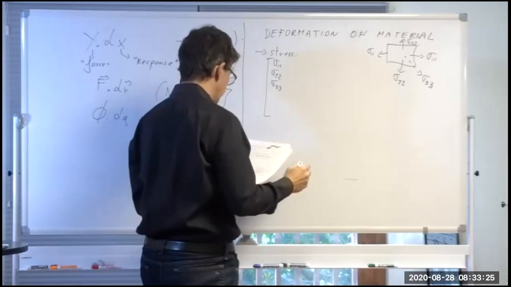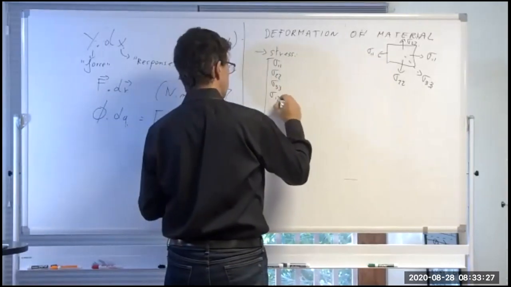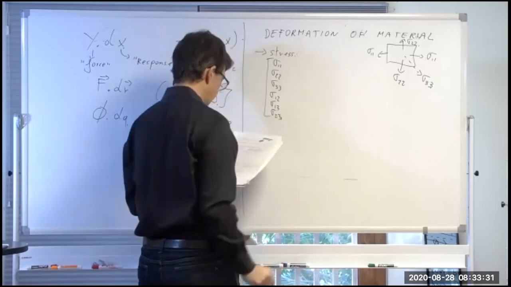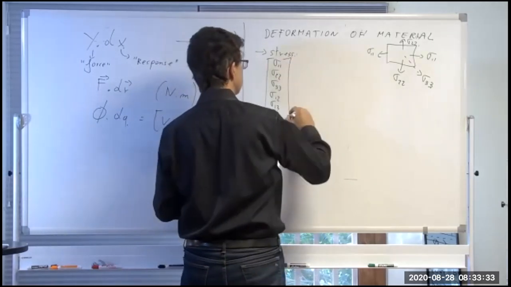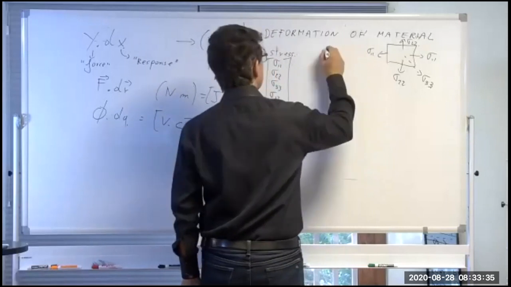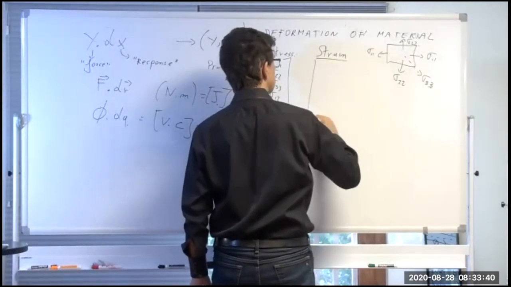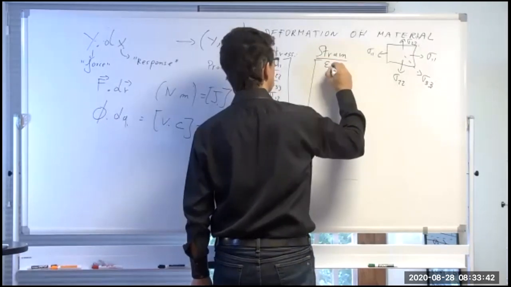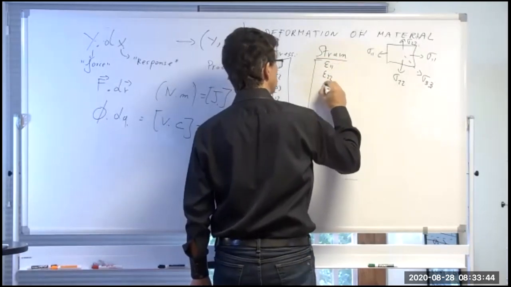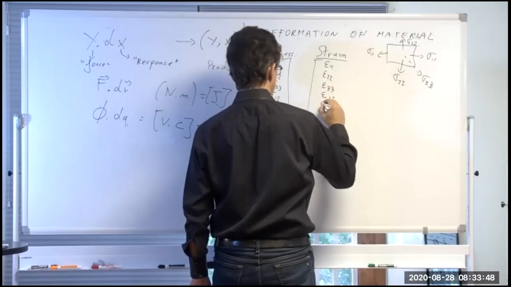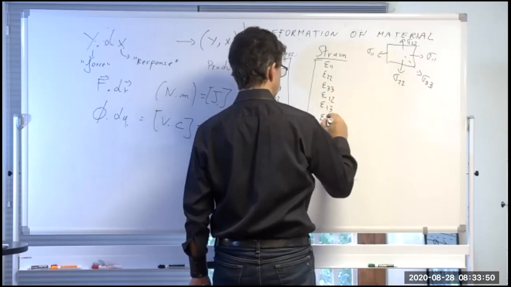And then you have the shear components, sigma 1,2, sigma 1,3, sigma 2,3, whatever order you'd like to write them in. And then you have the strain components that are the response to this. Epsilon 1,1, epsilon 2,2, epsilon 3,3, epsilon 1,2, epsilon 1,3, epsilon 2,3.